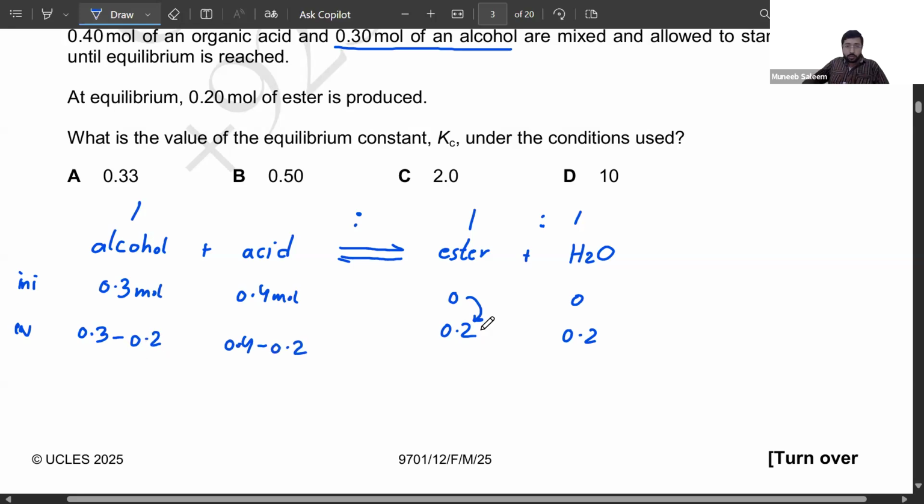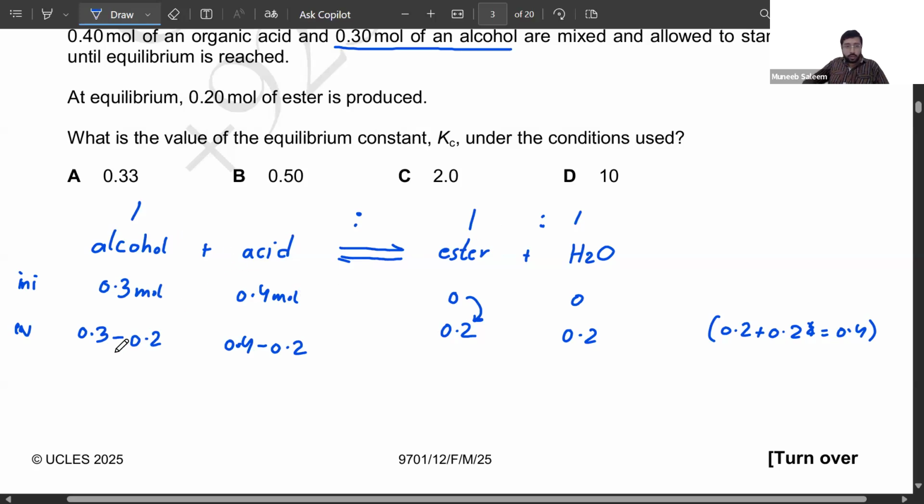You do not write 0.2 plus 0.2 here. You might be thinking 0.2 mole of ester is produced and 0.2 mole of water is produced, so they should give you 0.4. No, you do not subtract 0.4 from the 0.3 or from 0.4. That is not the case because we take the ratios.